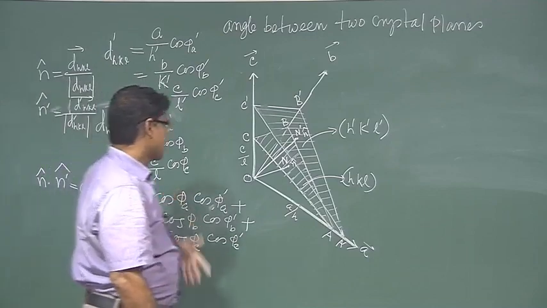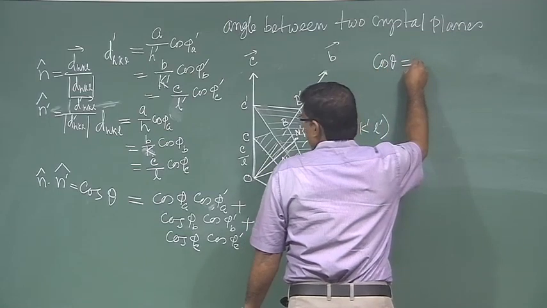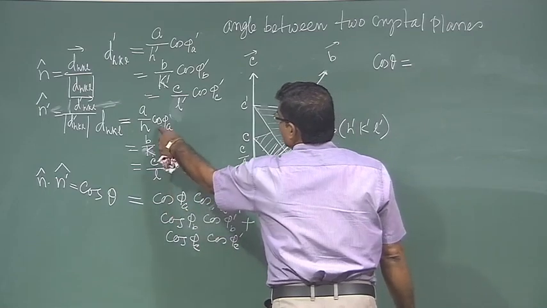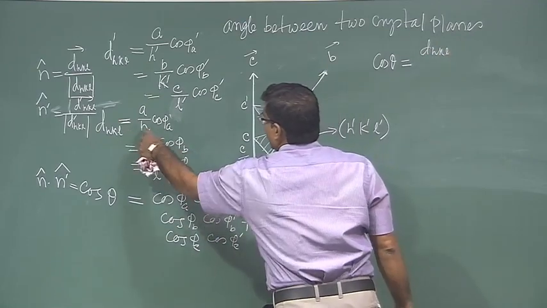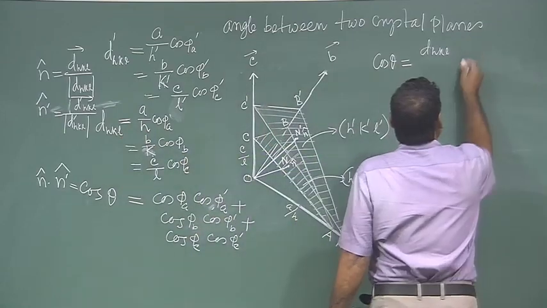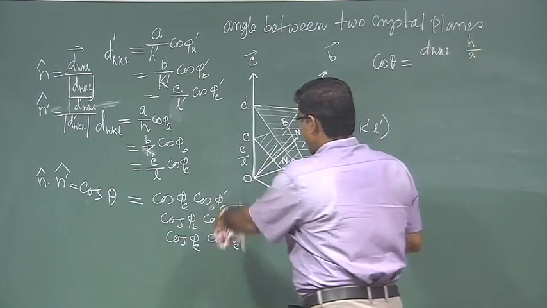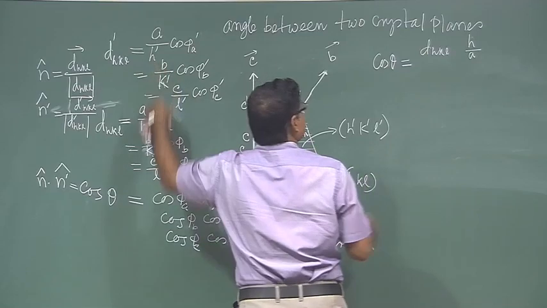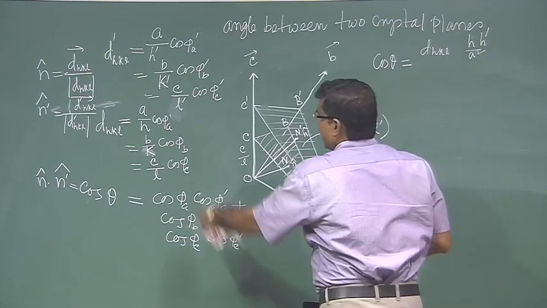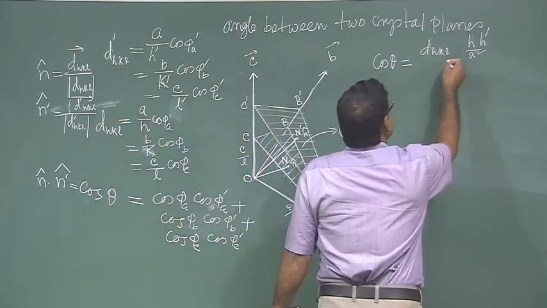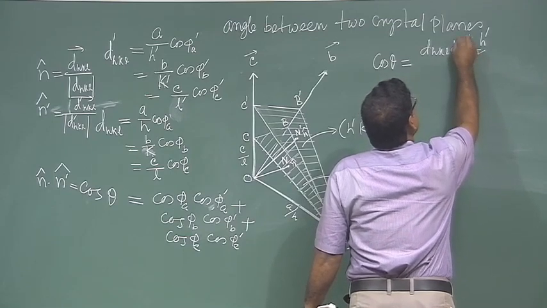If you put these values here, cos theta will be, for cos phi a you get d H K L times H by A, and for phi dash you get H dash by A square, and d H K L dash.